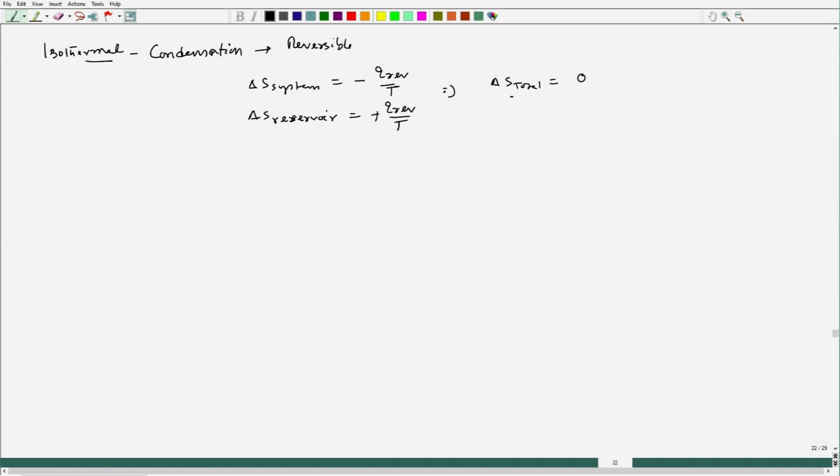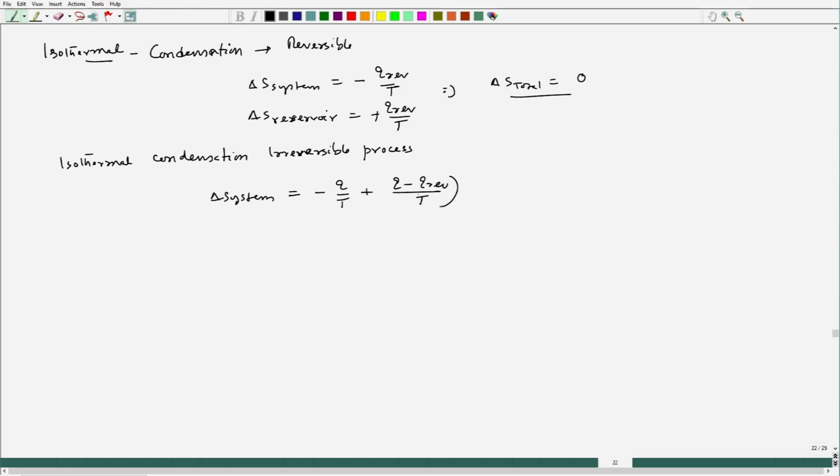Now, if I try to see isothermal condensation and irreversible process, del S system would be, now try to understand, minus Q by T, because that time the heat lost would be minus Q, and this would be equal to plus Q minus Q reversible by T. This is actual.